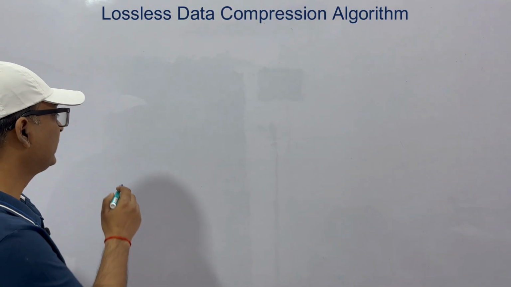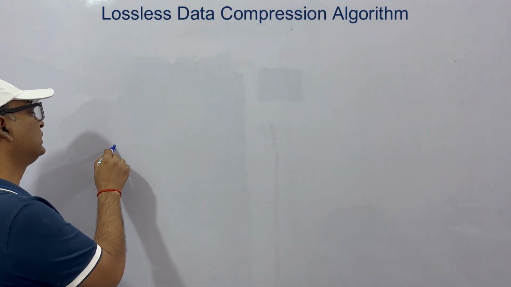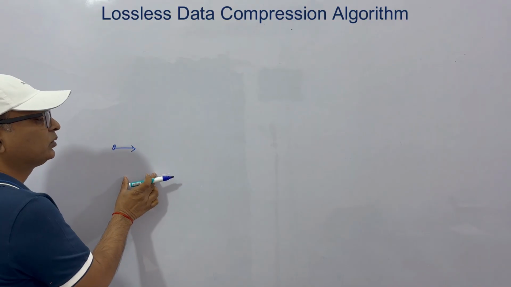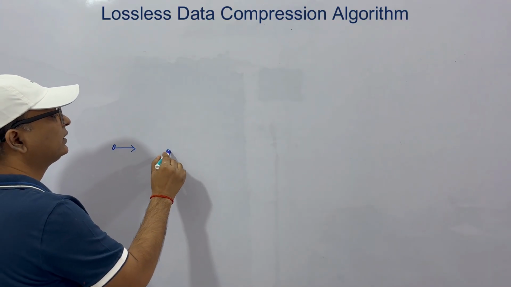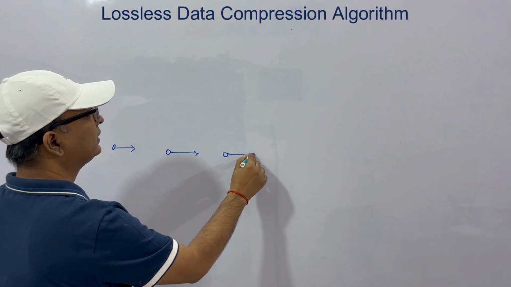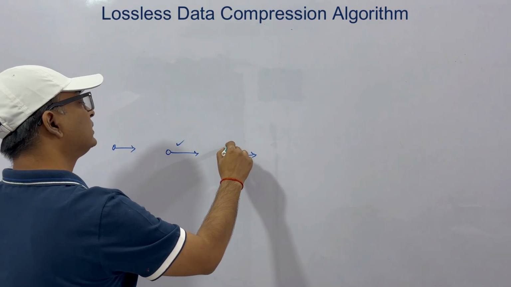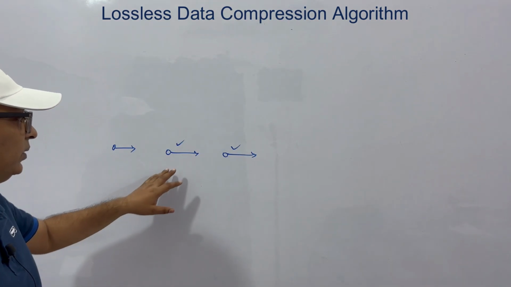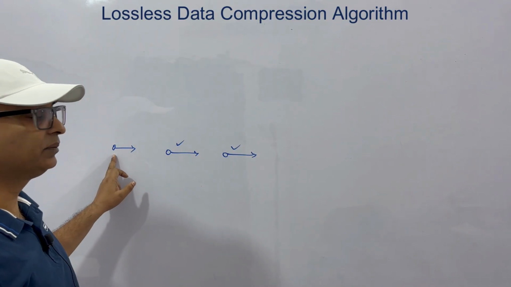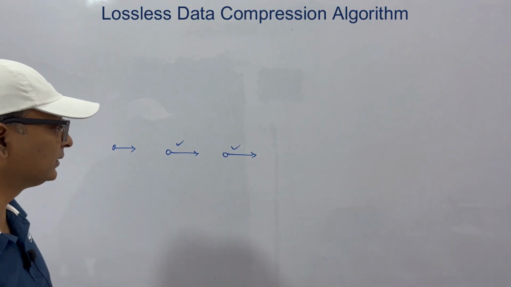For example, if a system is sending a sequence of symbols, then the next sequence of symbols, then again the next sequence, many times knowing the first symbol, you know what the second and third symbol is.